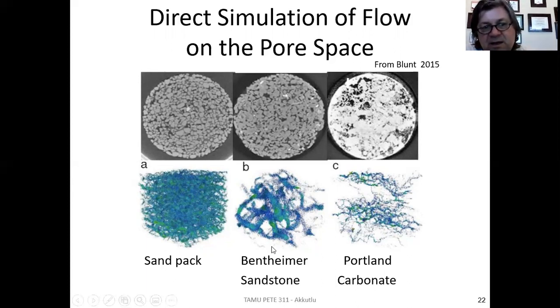Clearly, the sandpack on the left has huge pore volume and very good connection between the pores. When you go to a Bentheimer sandstone, now the pore volume went down. What happened? Well, compaction, sedimentation, and everything that comes with geology make that sandpack more like a rock.